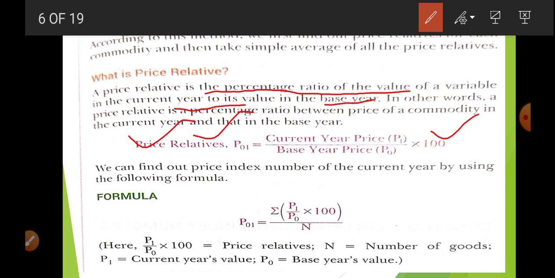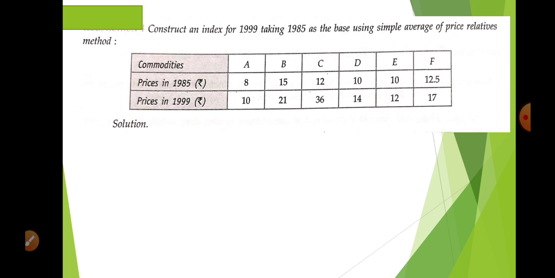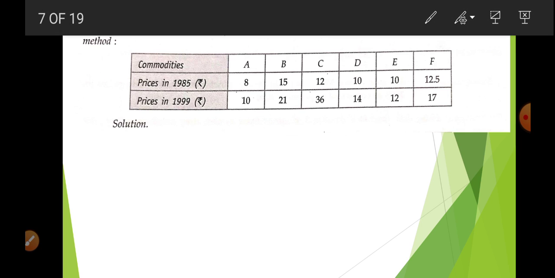In this way we calculate price relative, and P01 is the sum total of PR upon N. Here you can see we are going to calculate the index number by using the average of price relative method. This 1985 will be your P0, and 1999 will be your P1.